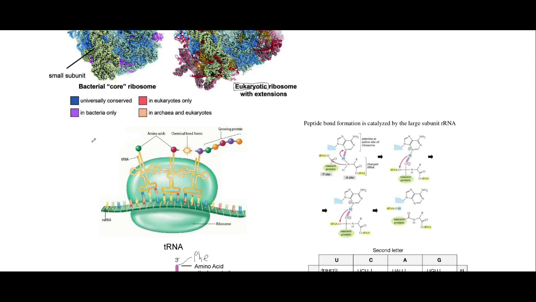So we see here these are our tRNAs that come into our ribosome, and so we have the different sites. There are 3 different sites in the ribosome, and I think this one is called the E site.